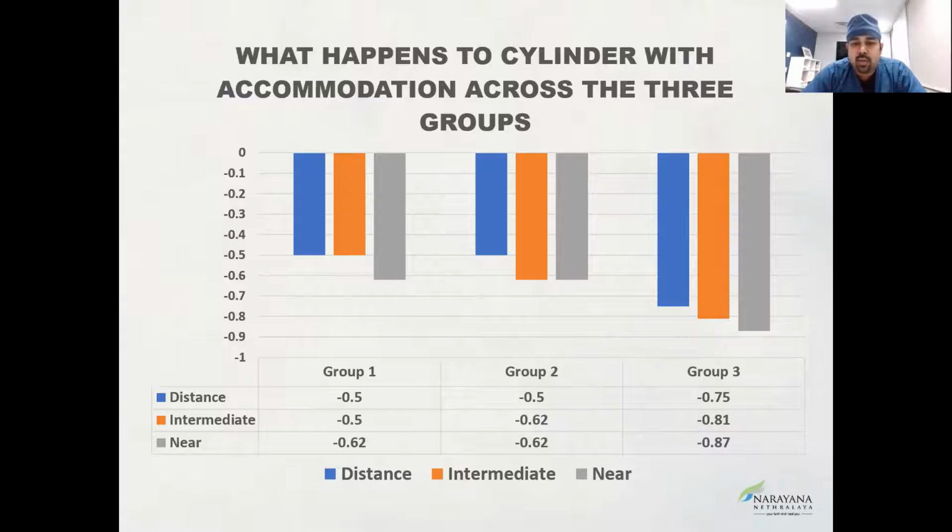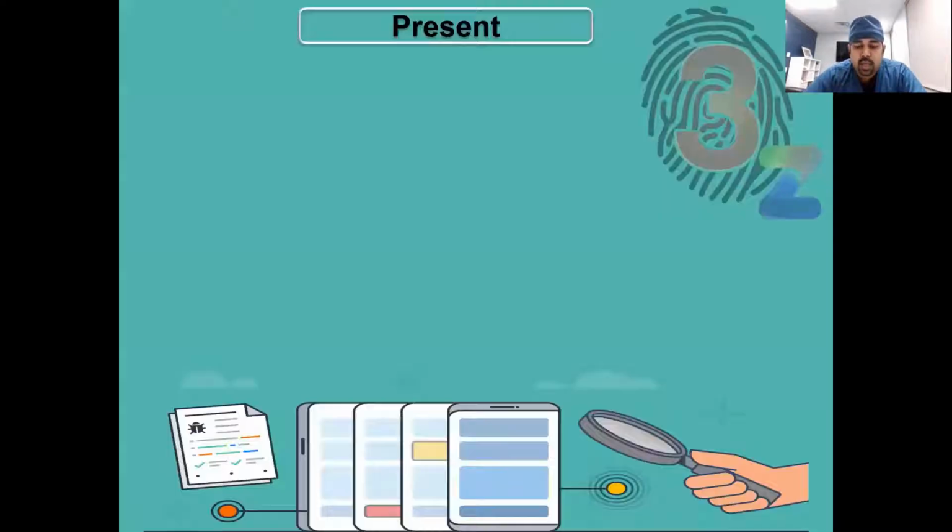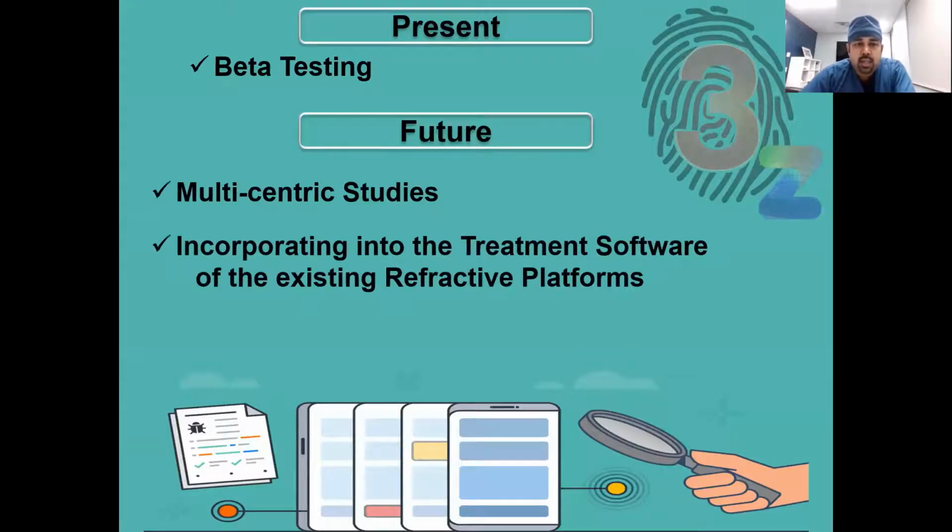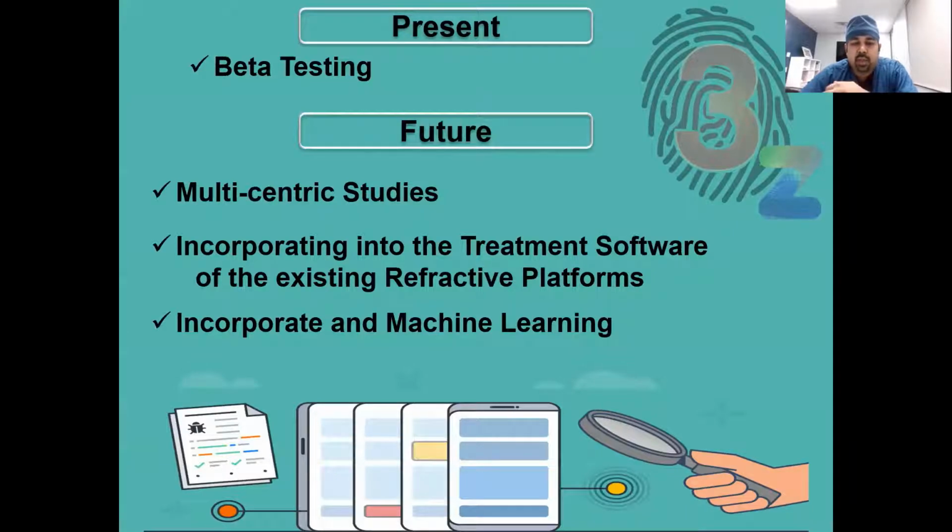This kind of a comparison we do not have between other studies, such as the Vissum or the TMR or the other systems, because this is a new way to study accommodation, how the cylinder changes with accommodation, and whether the lens is at rest or not. So we need more studies, more beta testing and multicentric studies to find out more number of patients, more number of possibilities, and have a component of machine learning to better the software and the understanding.